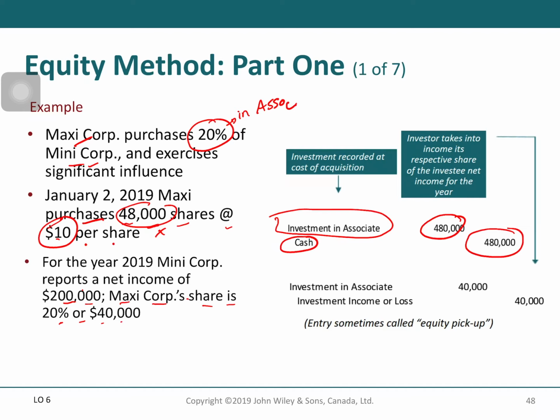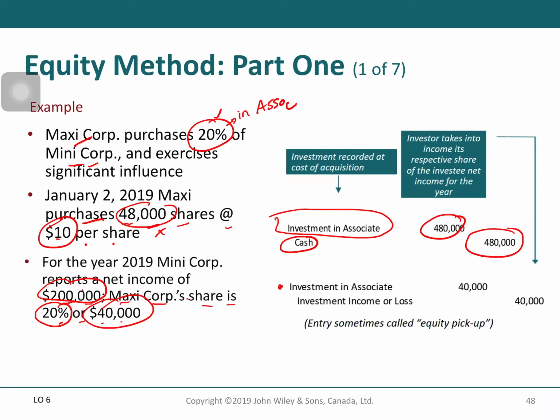So that company, your associate, gets a net income of 200,000. Okay, this 200,000 is multiplied by 20%. 20% is the level of your ownership. Okay, so you can claim 40,000 as an increase of investment.